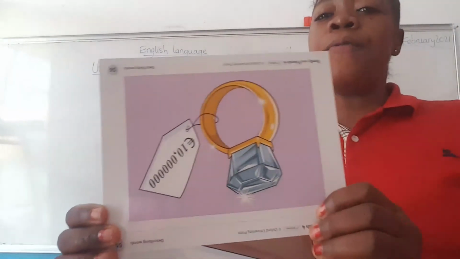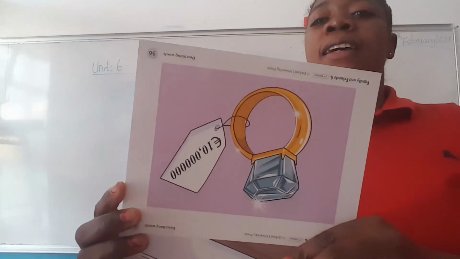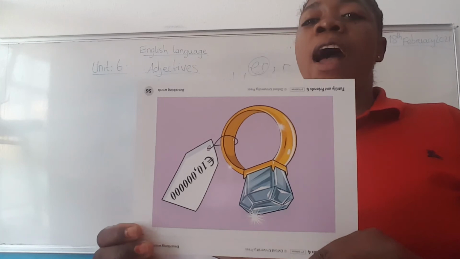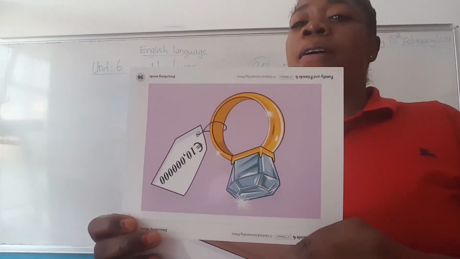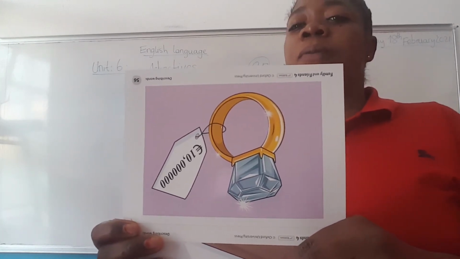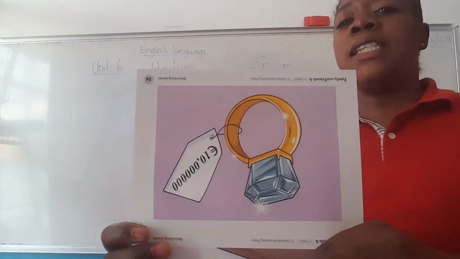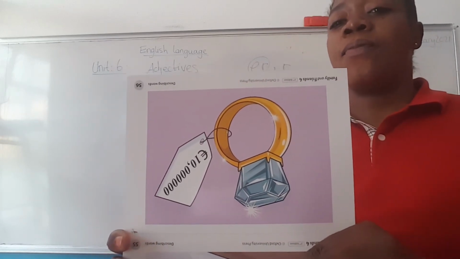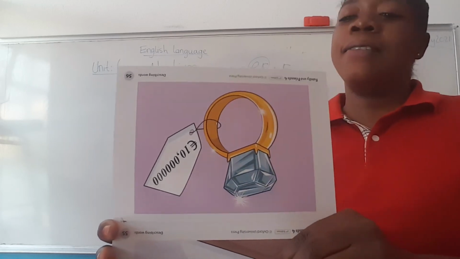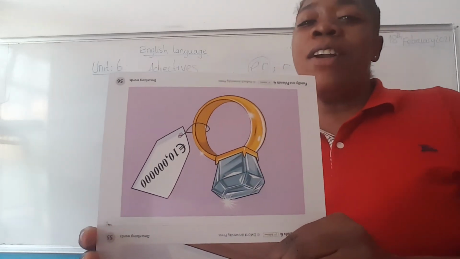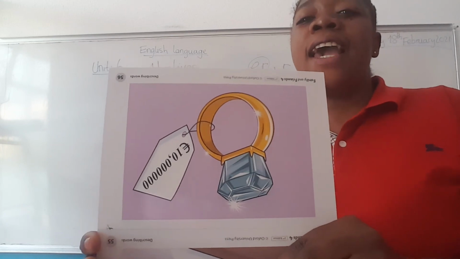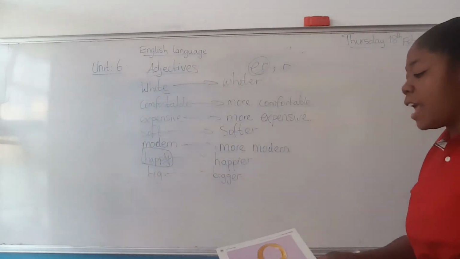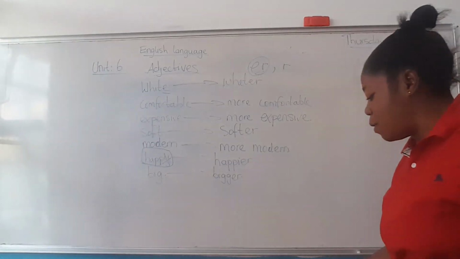We have a ring. This is a ring. Is it an adjective, noun, or a verb? Who can tell me what it is? Jorge? Very good. Ring is a noun, not a verb, neither is it an adjective.